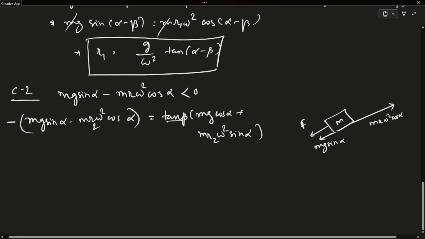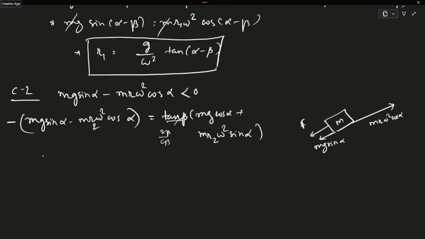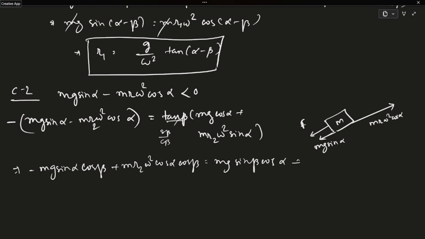Similarly, I can write tan beta as sin beta by cos beta, multiplying cos beta on this side, sin beta on this side. So the left hand side has cos beta, the right hand side has sin beta. This becomes mg sin alpha cos beta plus mr2 omega square cos alpha cos beta equals mg sin beta cos alpha plus mr2 omega square sin alpha sin beta.